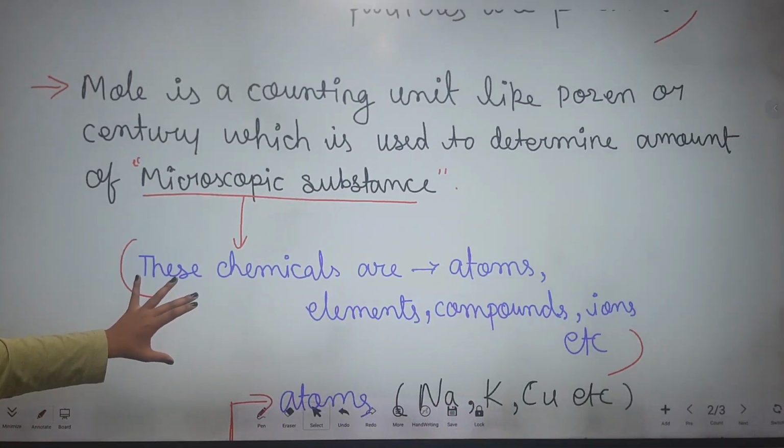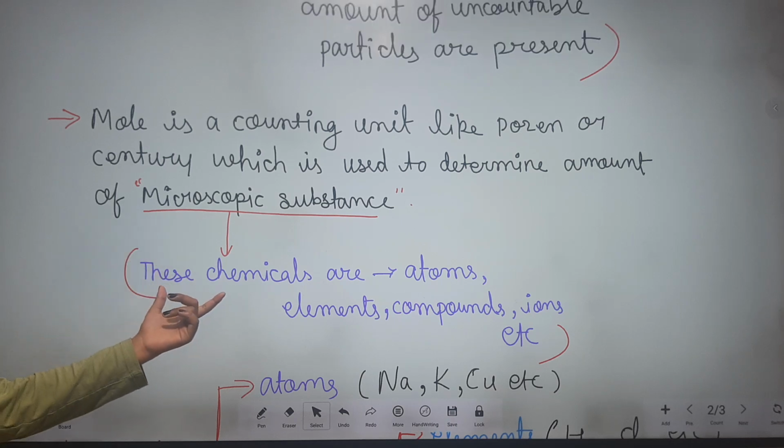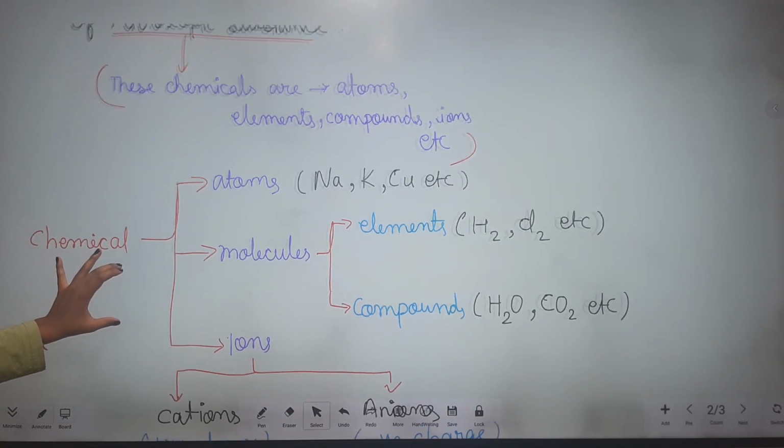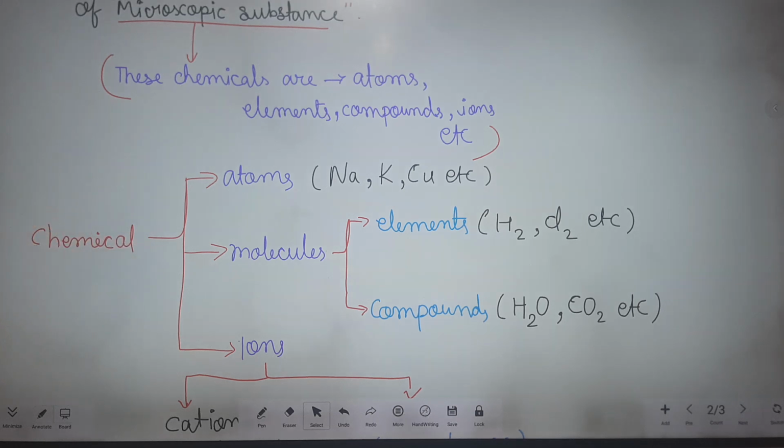Microscopic substance means these chemicals: atoms, molecules, ions. For example, atoms like sodium, potassium, copper, etc.